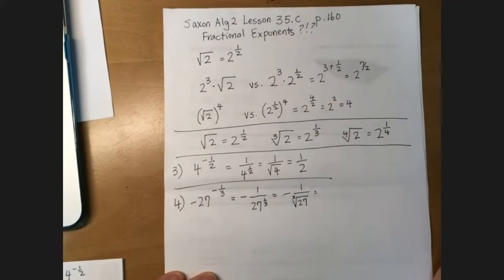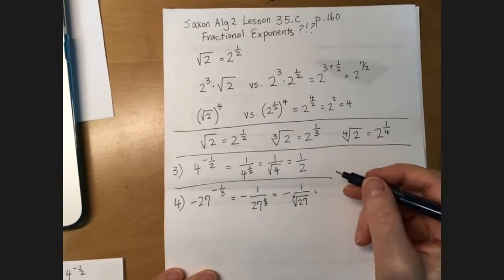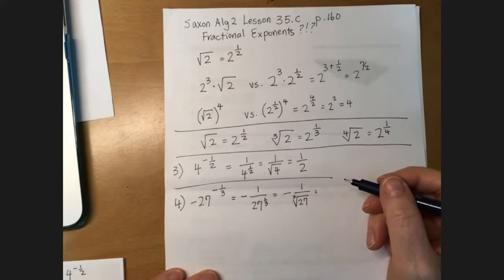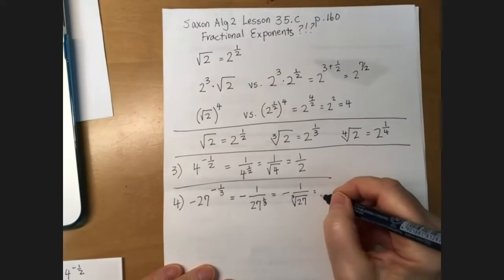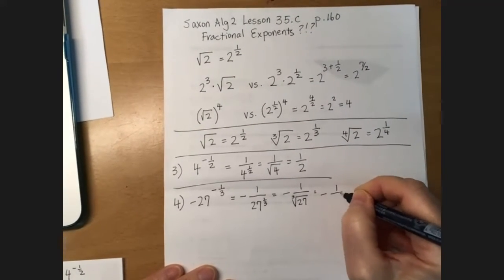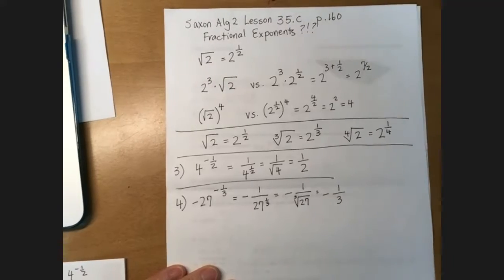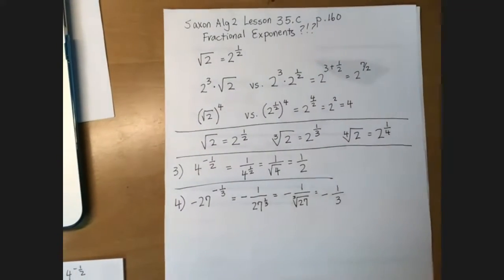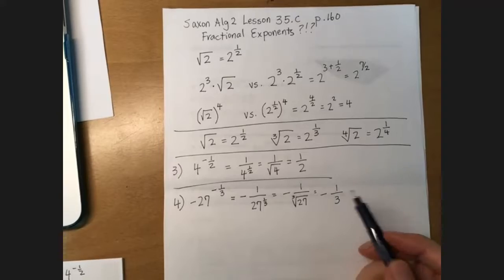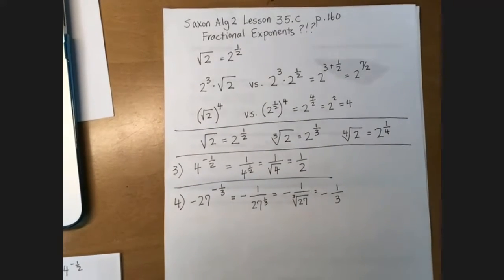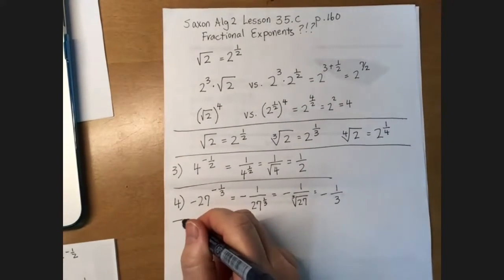And all of you know the cube root of 27 is 9. The cube root of 27 is 3. Sorry about that. So that is -1/3. Cube root of 27 is 3. The minus sign stays with the problem. The answer to example number 4 is -1/3.